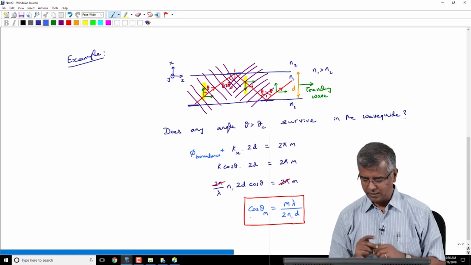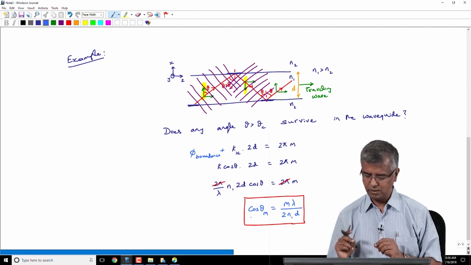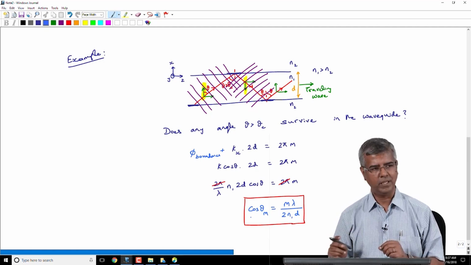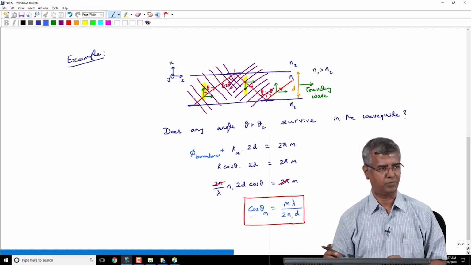But come back and let's look at this a little more closely. So, what we are saying is theta m is different for different values of m, okay.